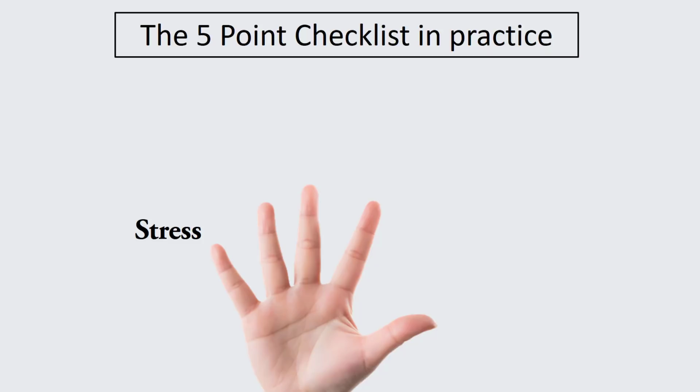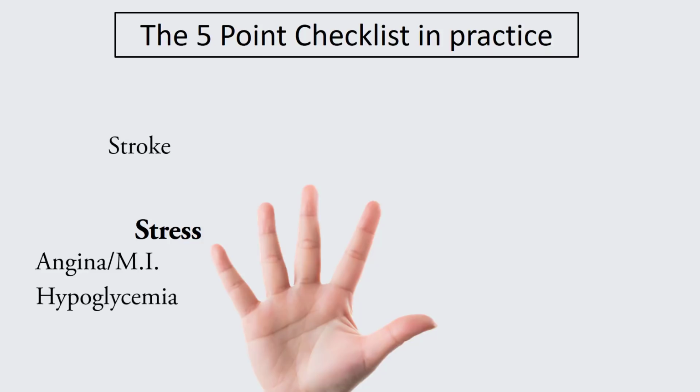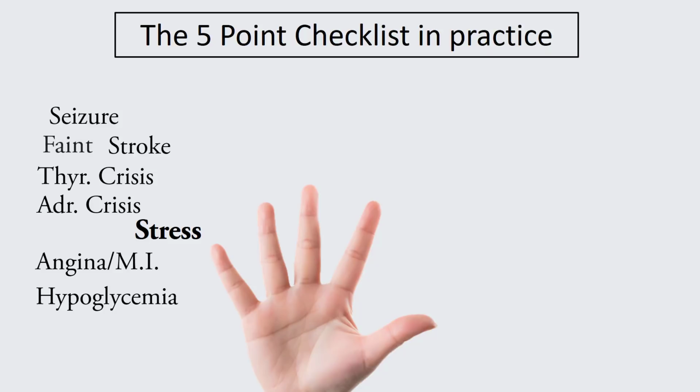For the effects of stress, you need to prevent and be prepared to manage the following complications in patients who are expected to have them: angina or myocardial infarction, stroke, hypoglycemia, thyrotoxic crisis, adrenal crisis, seizure, fainting.